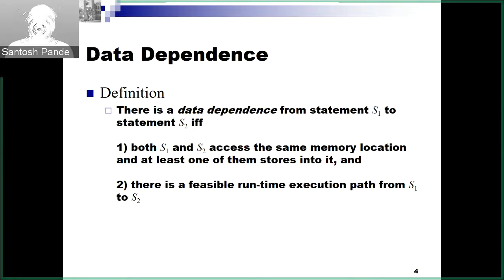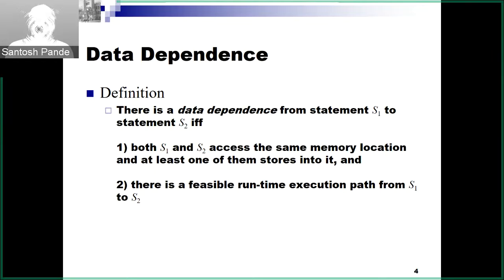The second condition is pretty much taken for granted, in the sense if both are inside the loop, unless there is some infeasible path, which is of course very difficult to prove at compile time. So we assume that it's going to be there. We cannot really rule out paths at compile time, as you know.